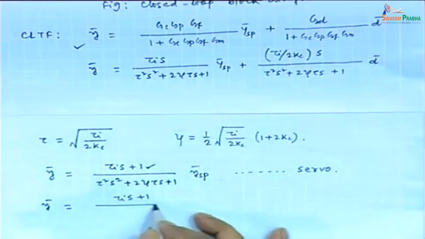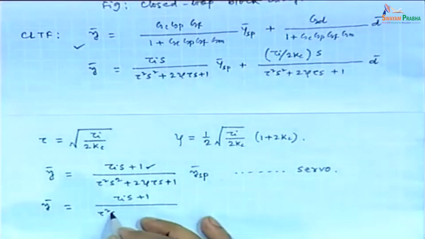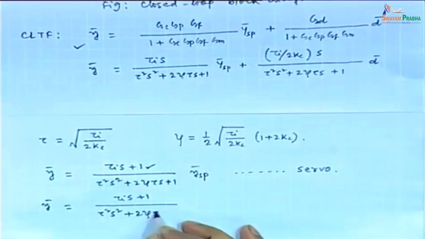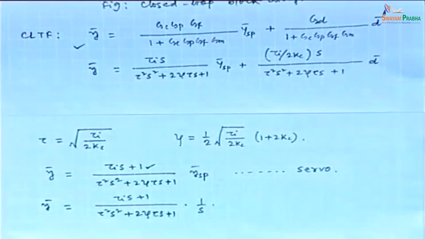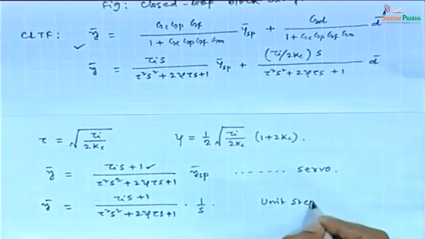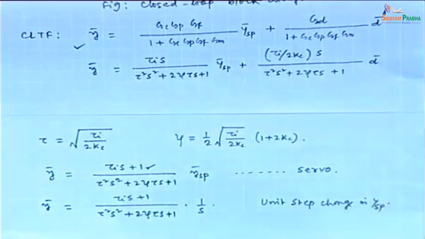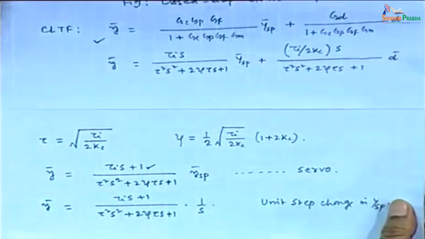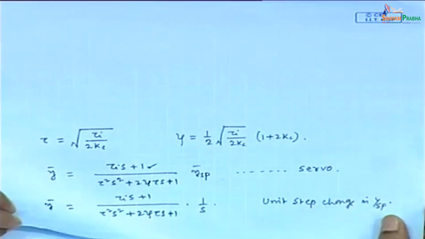Accordingly, we can write y bar equals tau y s divided by (tau square s square plus 2 zeta tau s plus 1) multiplied by 1 by s, when we consider a unit step change in y set point. Fine. Next we need to take the inverse of Laplace transform.